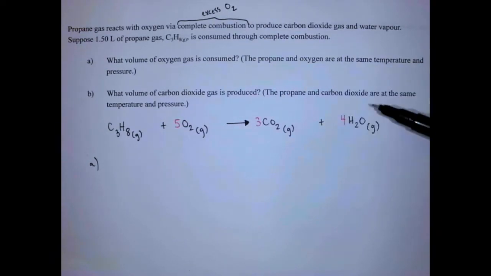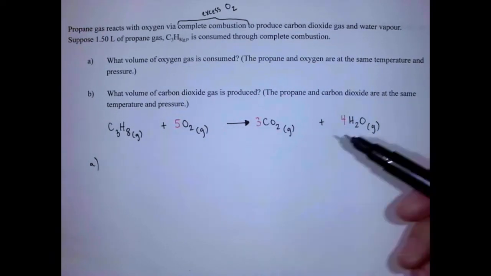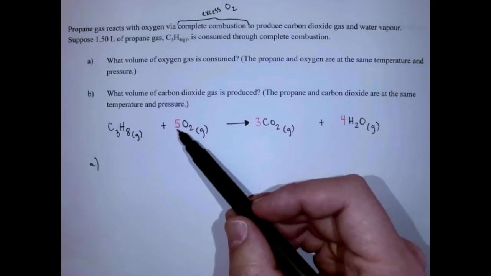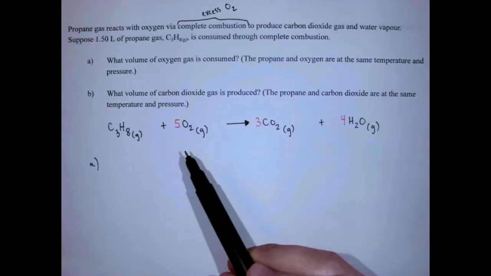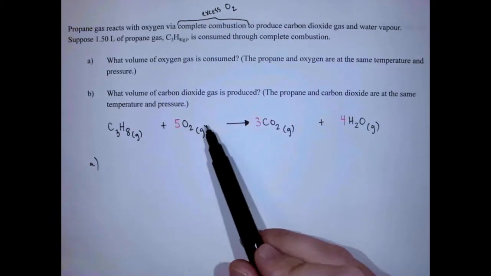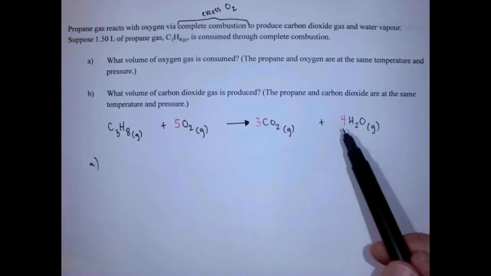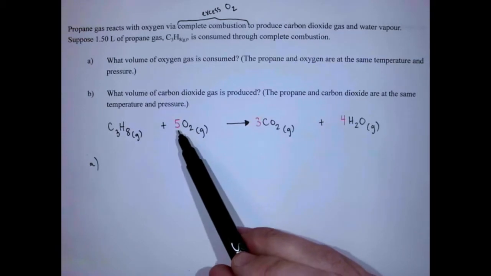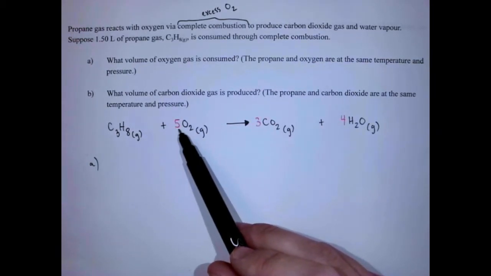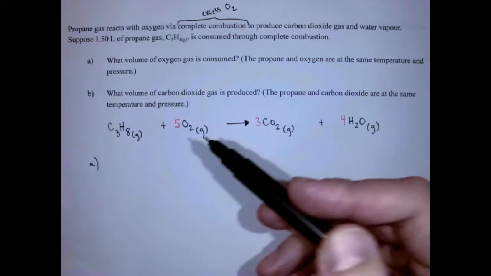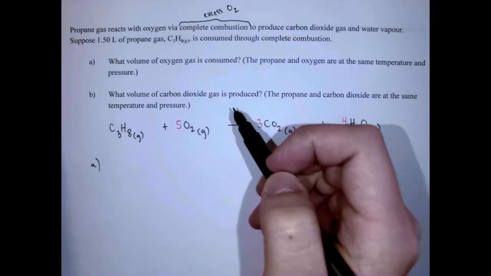So the handy thing about that law is that I can actually take these coefficients to tell me moles of gas, or they can also just tell me volumes of gas. Since all these chemical components are at the same temperature and pressure, I can either treat these coefficients as telling me a mole ratio or a volume ratio. So, what volume of oxygen gas is consumed?